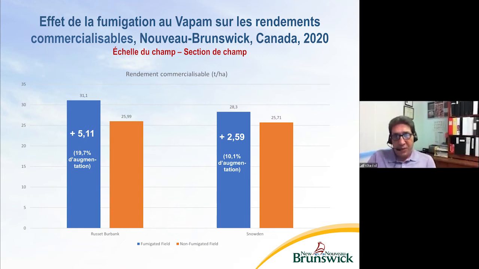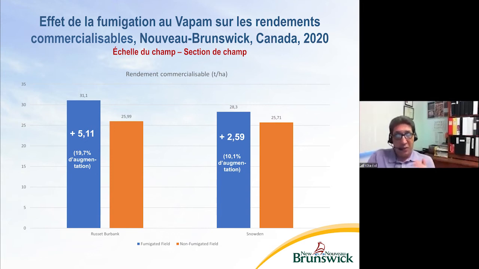Now, this shows the split field that the grower had for Russet Burbank and Snowden. I'm only showing the effect on marketable yield, but I also was there taking data, and you could go to that field and you could tell which half of the field was treated and which half wasn't.